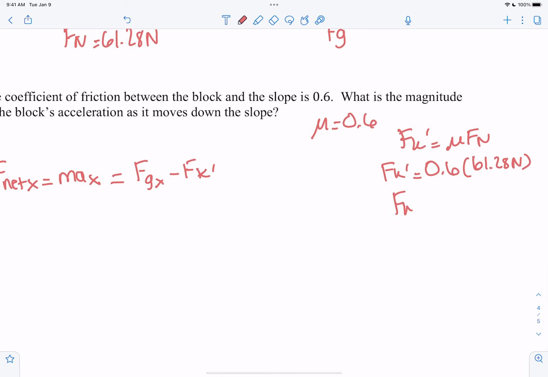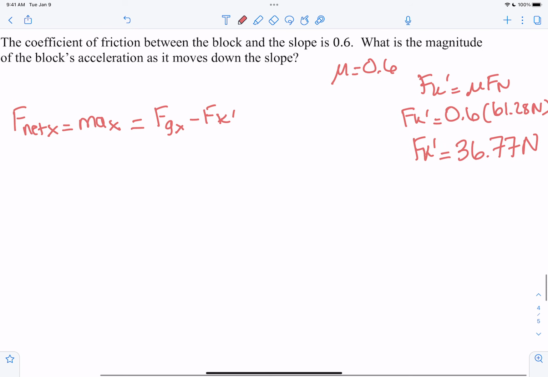What did you guys get for FK prime? 36.77. Yep, that's about what I got. 36.77 newtons for FK prime.